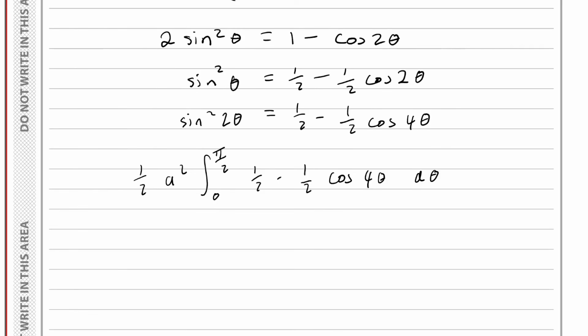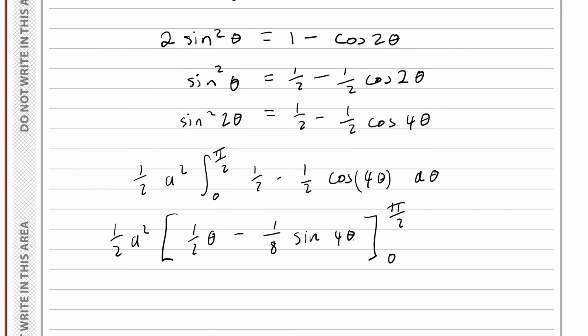So integrate, add 1 to the power, divide by the new power. So half theta. Cos integrates to give sine, but we want to divide by the bracket differentiated, which is 4. So dividing by 4 will be 1/8 of sine 4 theta. And it's between pi over 2 and 0.